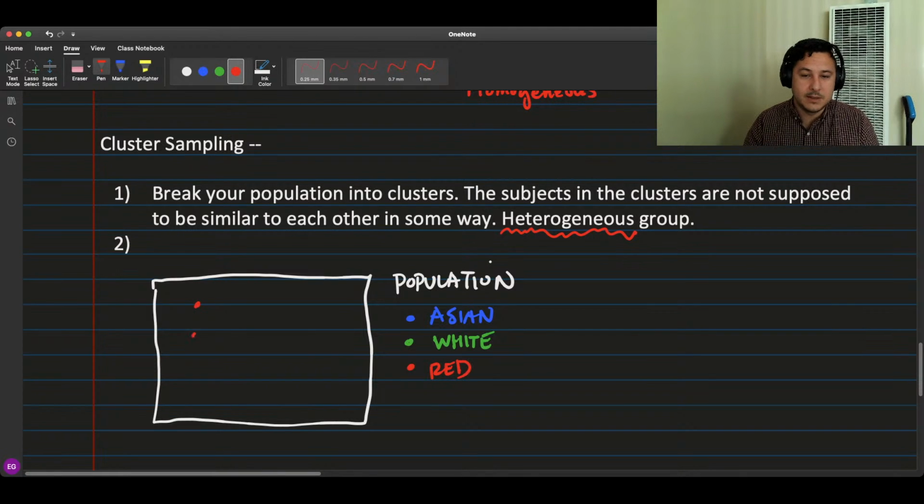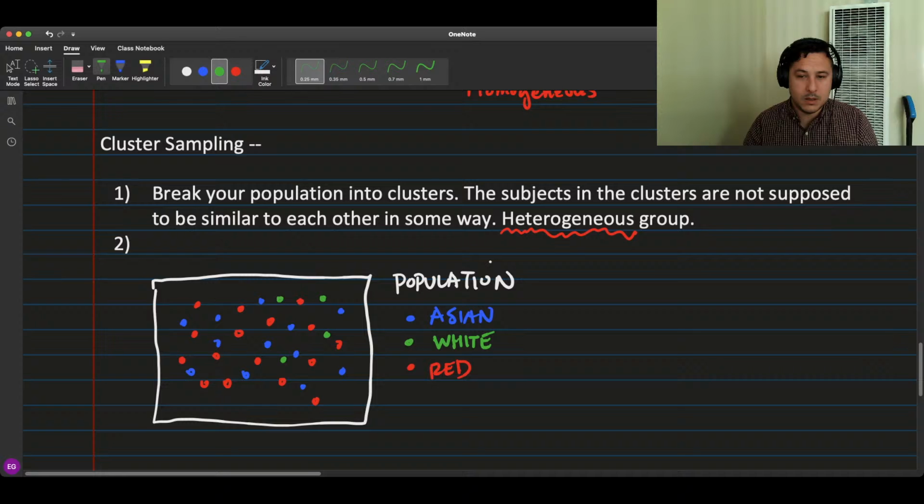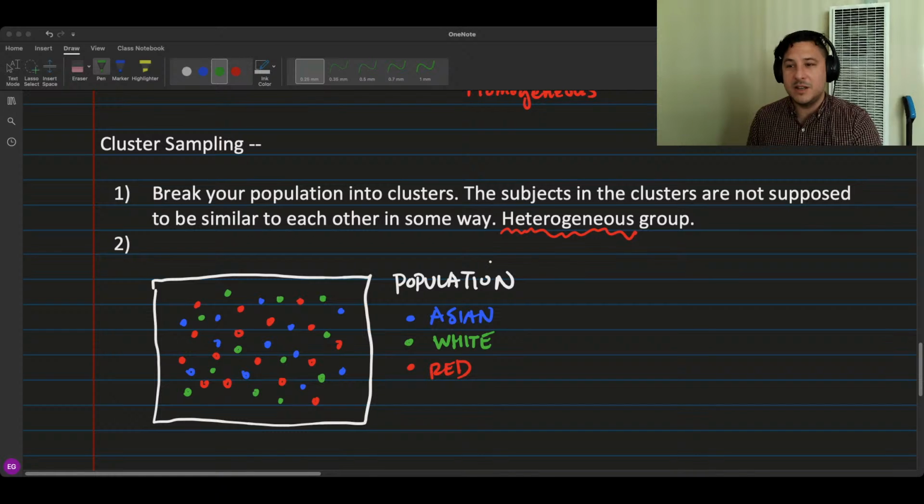Okay, so I'm going to put some dots around. Okay, so everyone see my Christmas tree lights, basically? Each of those is a different sort of person.